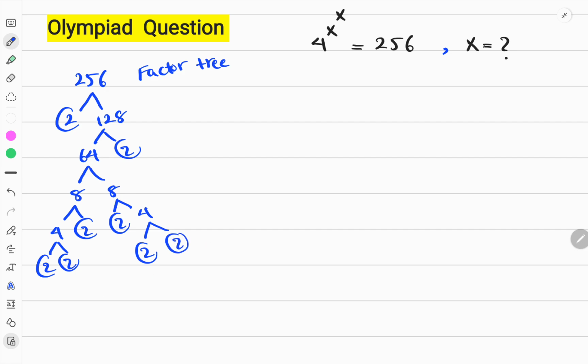And when you count all of these 2's, you will find that 256 is 2 to the power of 8. So instead of this, we will have 2 to the power of 8.